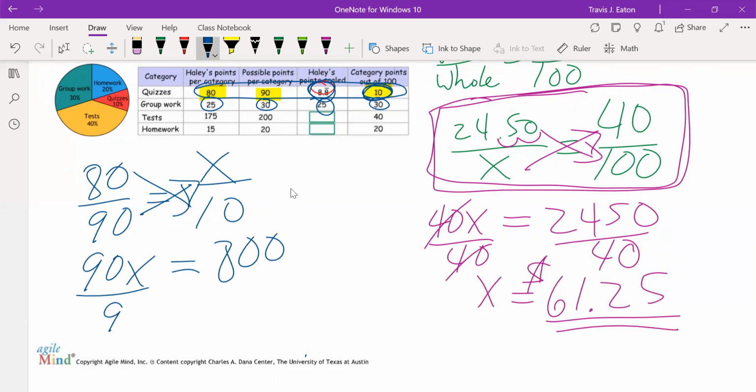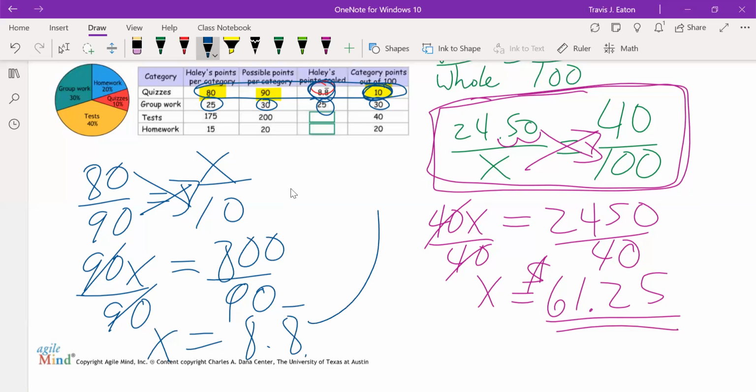Divide by 90, divide by 90, and X equals 800 divided by 90. 800 divided by 90 equals 8.8 repeating.